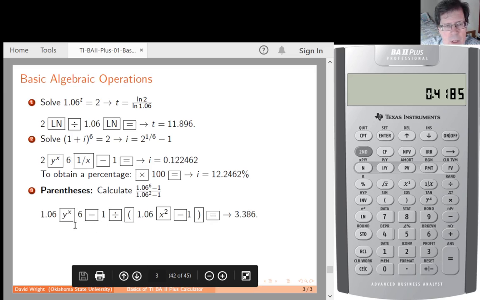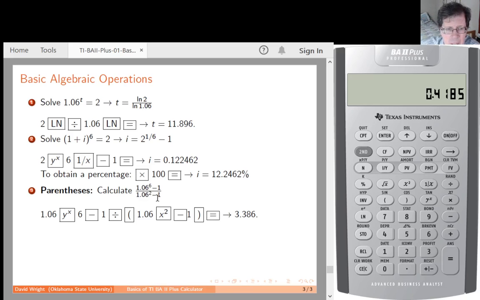Okay, now we're all the way through here, but I need the denominator, and you can't just start typing it again because you need all that stuff in the denominator calculated before you divide. So I'm going to say divide, and then left parenthesis. And now I can type the denominator in. I'm going to use 1.06 to the squared power.